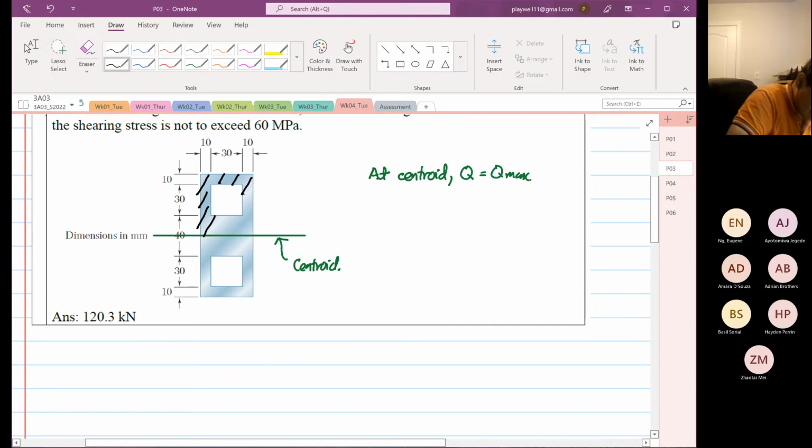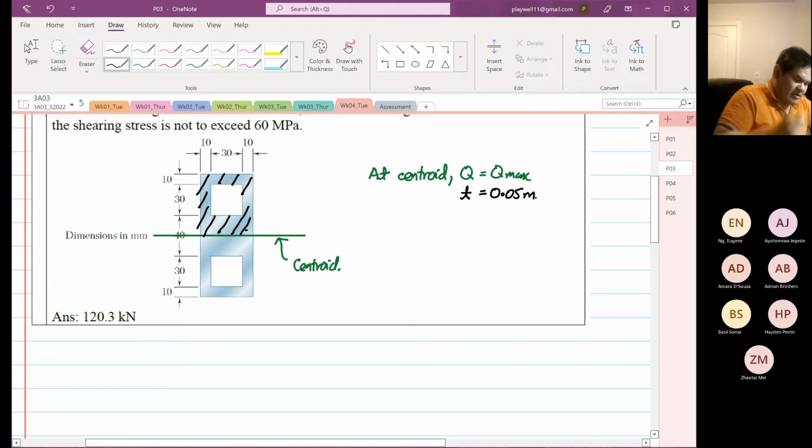However, the thickness is equal to what? 50 millimeters or 0.05 meters.